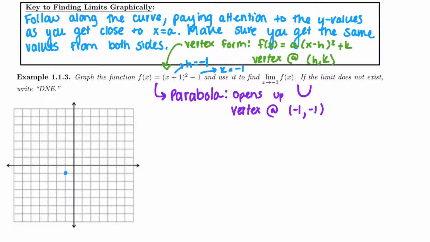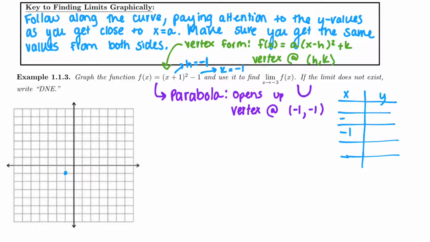In order to graph this, you need to plug in values that are close to this x value, so you can make yourself a small table. -1 is where the vertex is, so I want to plug in two values that are above -1 and two values that are below -1.